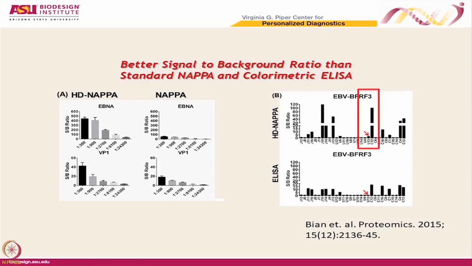But in fact, we were able to detect signals here on the HD NAPA that you could not detect at all on the ELISA. And then overall, the signal intensity by ELISA compared to signal intensity by HD NAPA was nowhere near as strong. So in our lab right now, this is probably the most sensitive platform we have for detecting interactions.